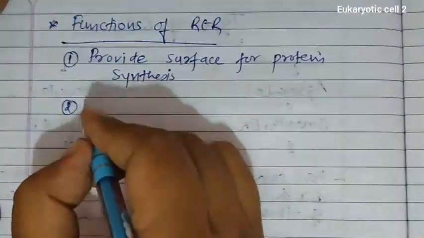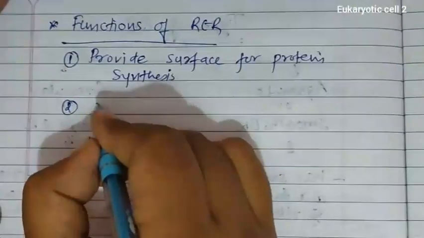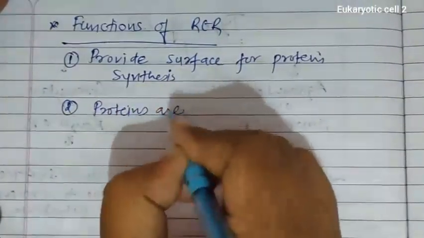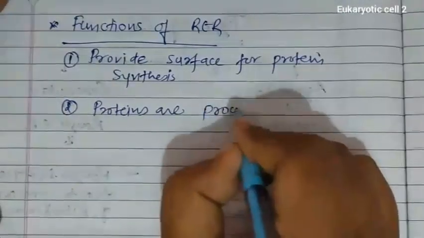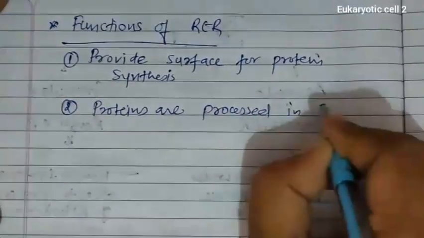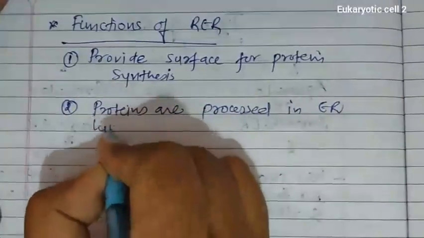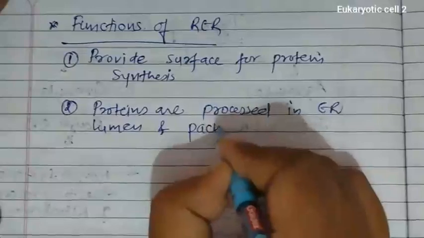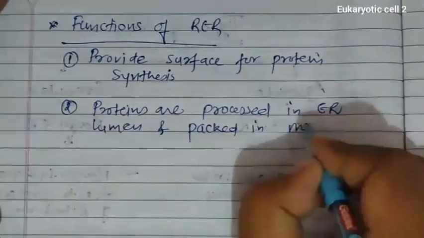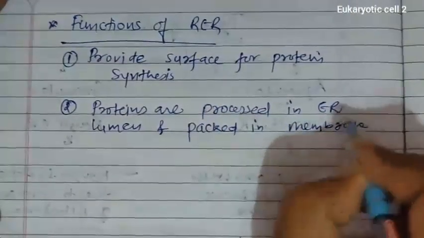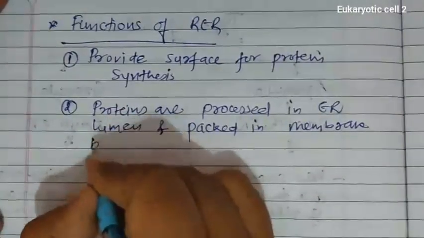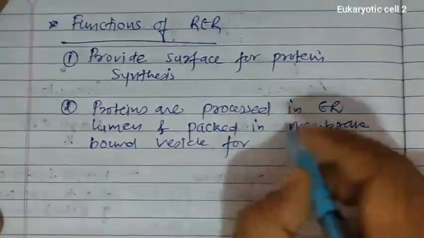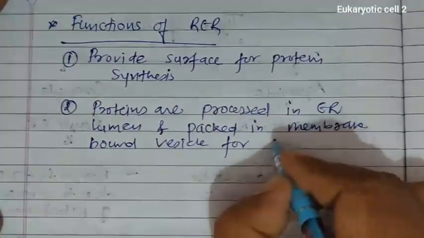Number 2, proteins are processed in lumen and packed in membrane bound vesicle for storage or export.